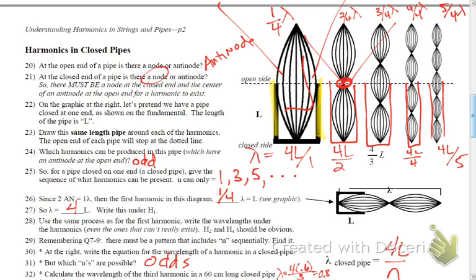And what I want you to realize as well is what practical application of this is. Who plays in band? 1, 2, 3. Or used to play in band or something. What about who plays, say, woodwinds or brass? All right. It's a very poor representation of a flute. Or it could be a clarinet.